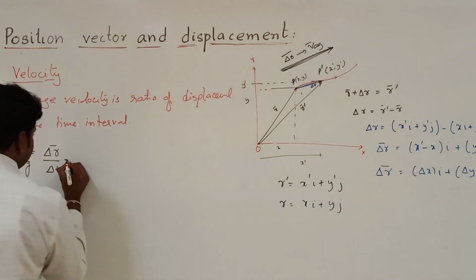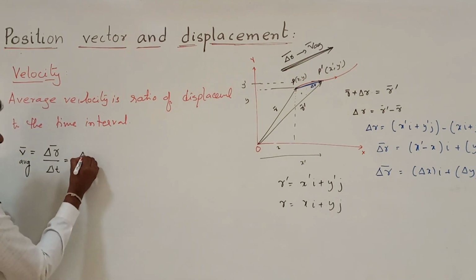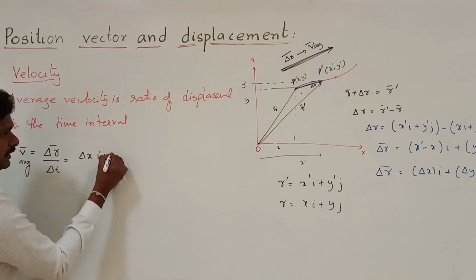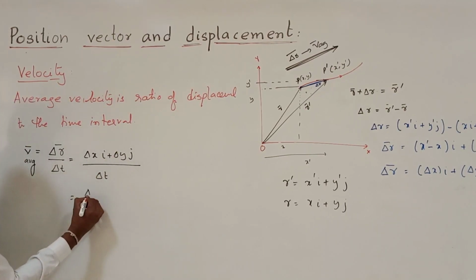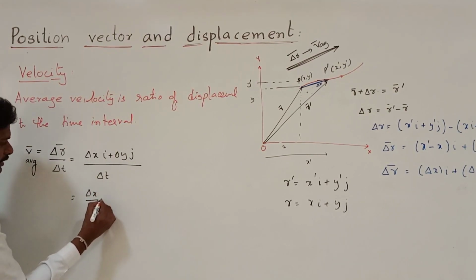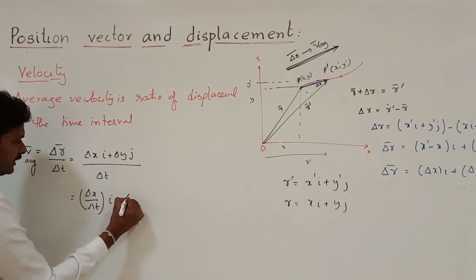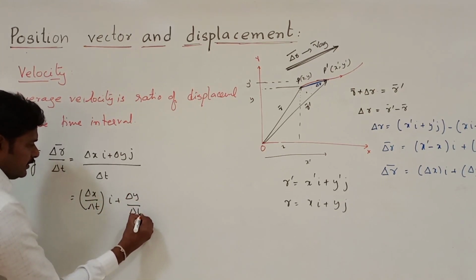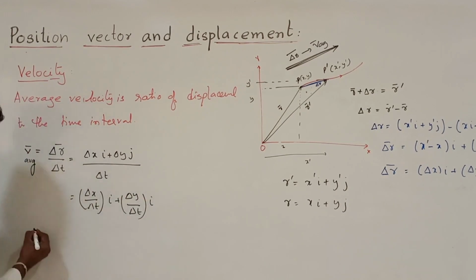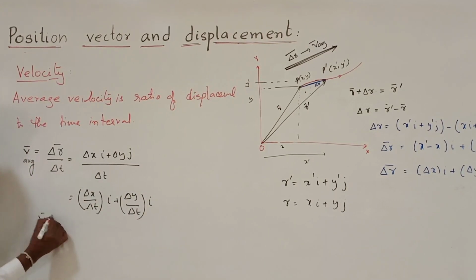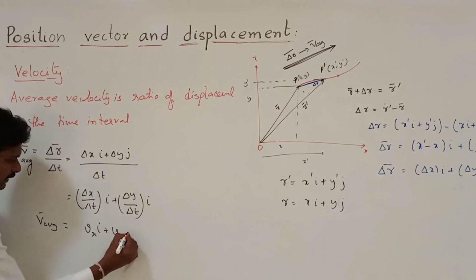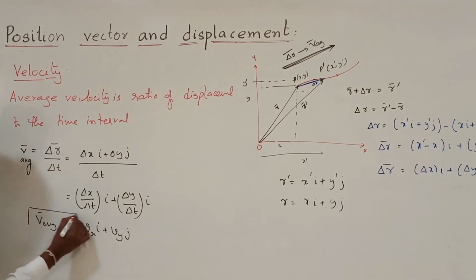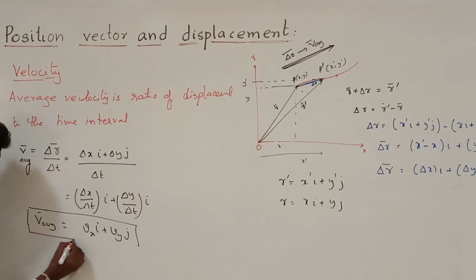Now how to write this? Delta r is delta x i plus delta y j, divided by delta t. Now delta x by delta t i plus delta y by delta t j. We can write it as v average is equal to simply vx i plus vy j. This is a simple definition.